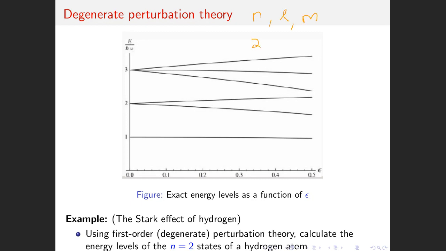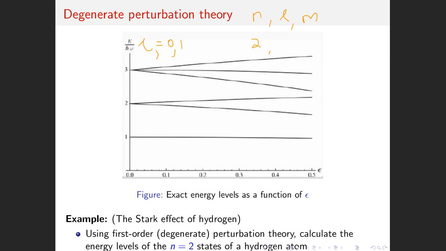If n equals 2, then l has to go from 0 until n minus 1. So in this case, l can take values of 0 and 1. And m goes from minus l to l.